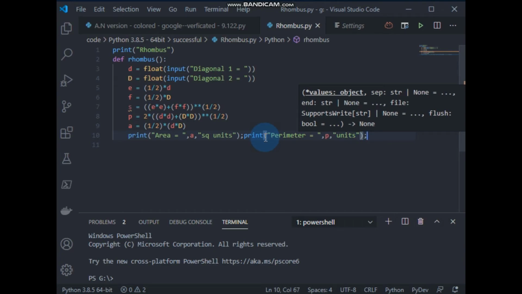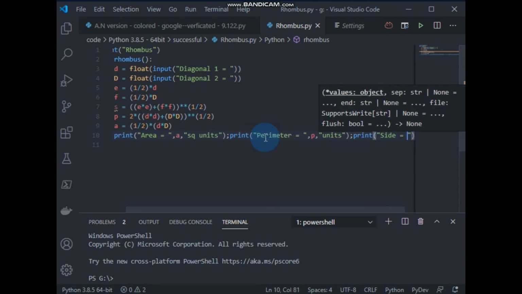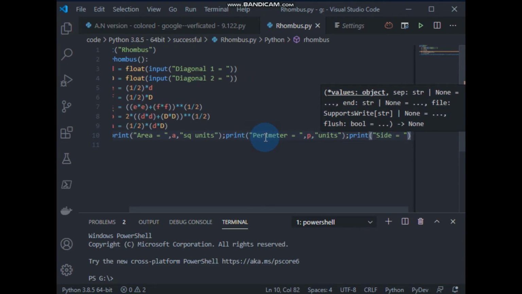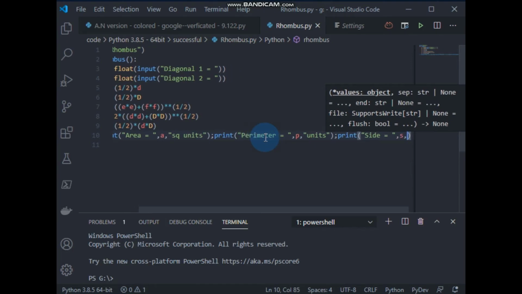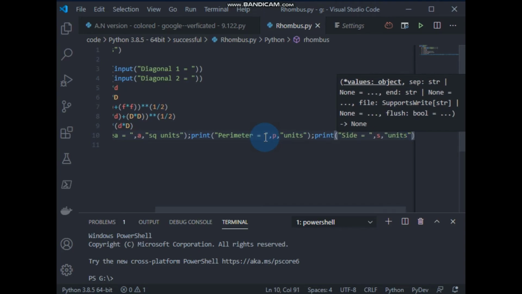and the final one, side: print in brackets side, comma, side is represented by S, so S, comma, side is measured in units, so units.